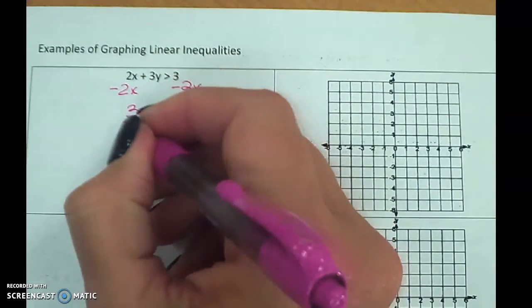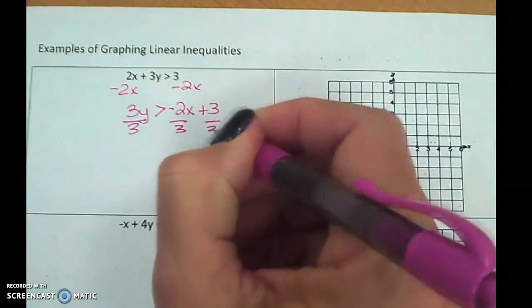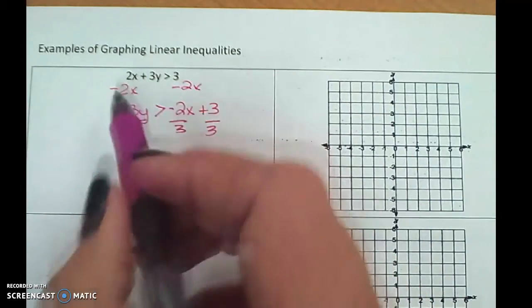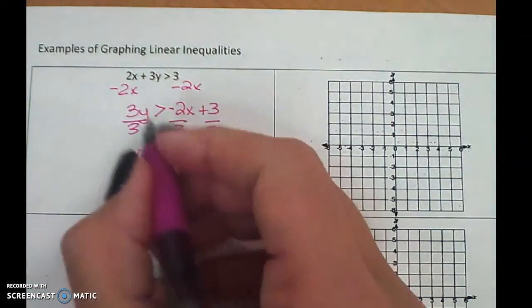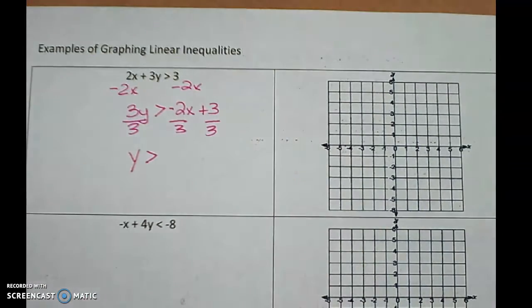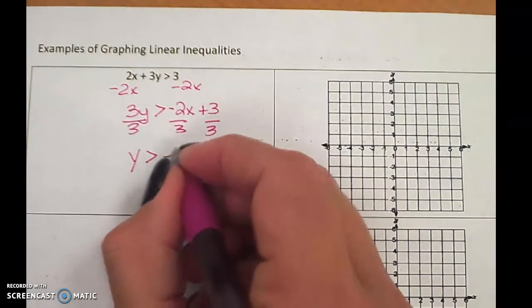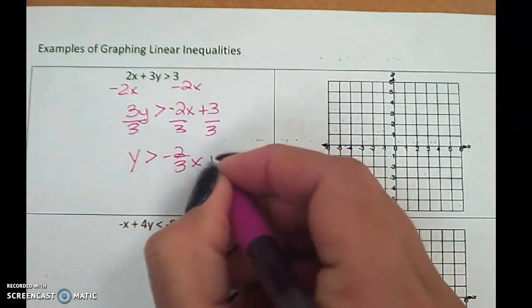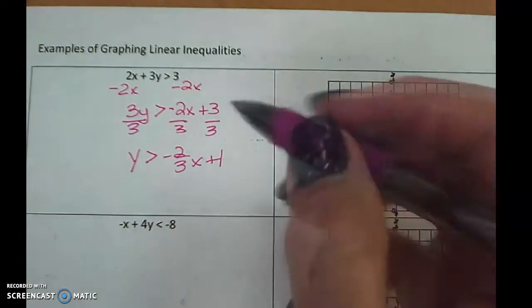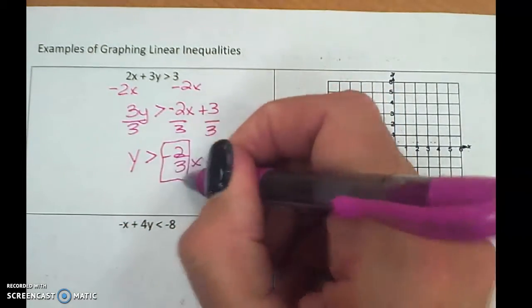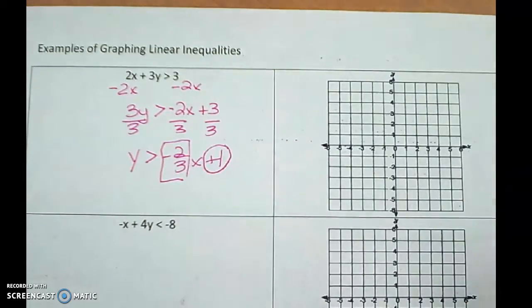Divide everything by 3 and you get y. We only divided by a positive, so we keep the symbol. When you divide or multiply by a negative on both sides, you would flip the symbol. Plus 1. If you have any problems with solving for y, you have got to get that clear.